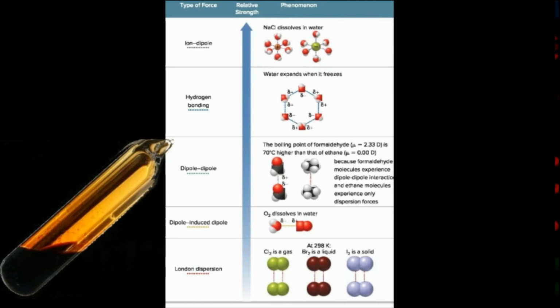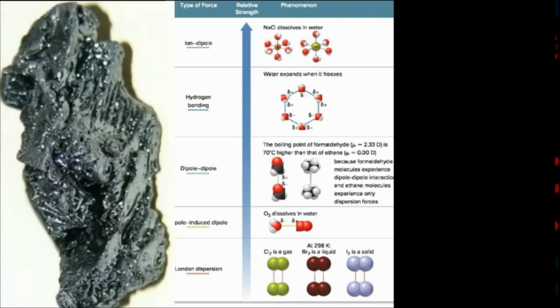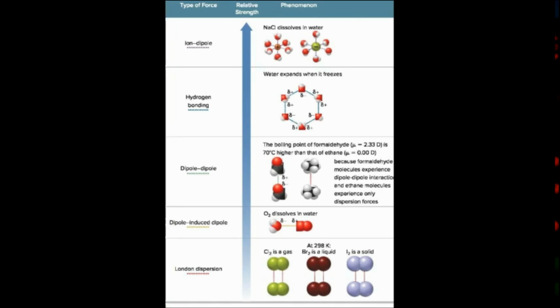Now let's go to the next element down this group, iodine. Look, now iodine is a solid at room temperature. Why? Because you've got so many electrons. When they get close to each other, the London dispersion forces are so strong that they keep it together. Very, very strong, although this is the weakest of all the intermolecular forces, London dispersion forces.